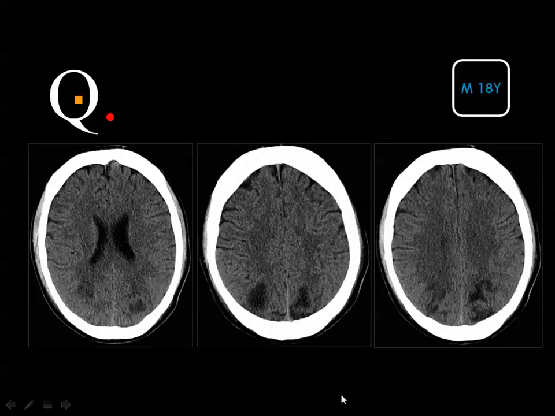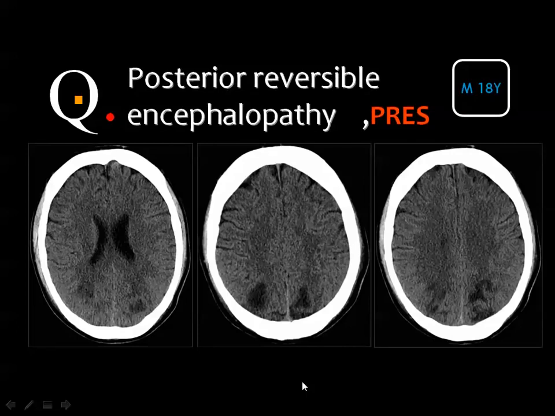Then, considering the patient clinical condition, the diagnosis is posterior reversible encephalopathy due to increase in the blood pressure due to the renal state of the patient.